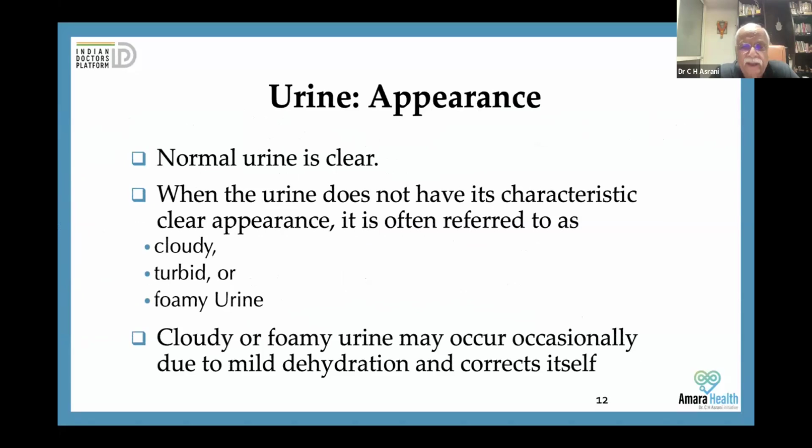Cloudy or foamy urine may occur occasionally due to mild dehydration and corrects itself. If a patient complains of foamy urine, get a little more history. Male patient passing urine after a long gap, that means the bladder is full. In a commode, if the urine is falling with pressure, naturally foam will be generated.